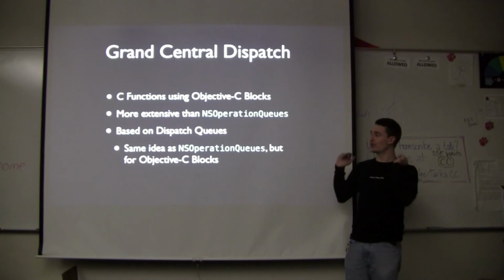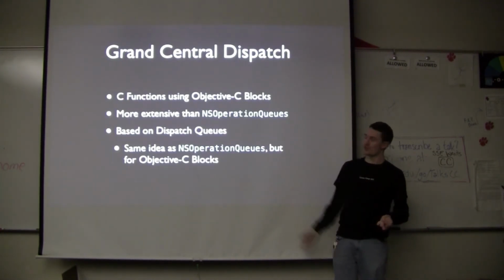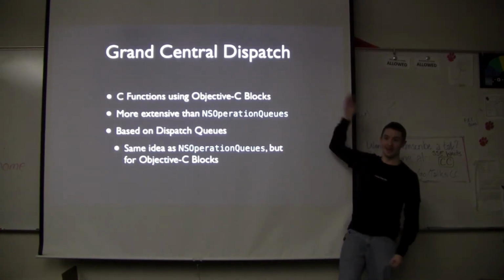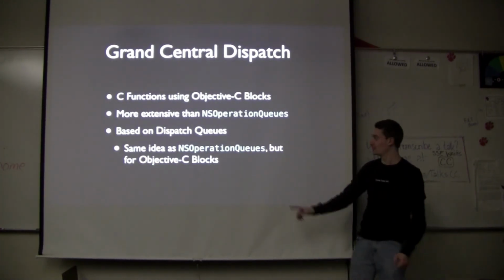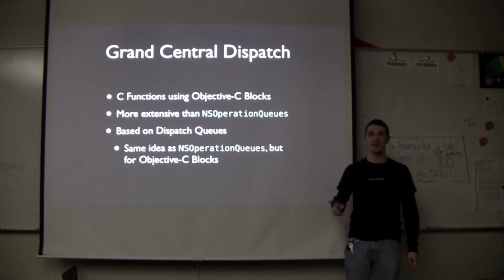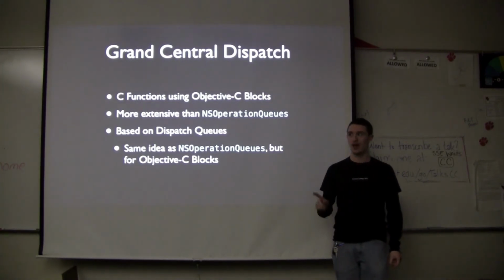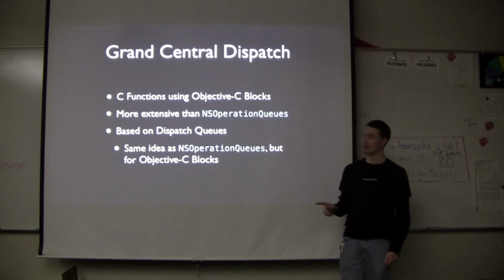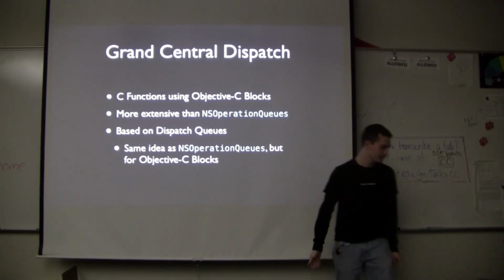You just have to think of your dispatch queues, which are just like NSOperationQueues, except for Grand Central Dispatch, and therefore Objective-C blocks and not NSOperations. You would want to use Grand Central Dispatch if you wanted more control and more power than what NSOperationQueues can provide, because NSOperationQueues is fairly weak in comparison to the powerhouse of Grand Central Dispatch.